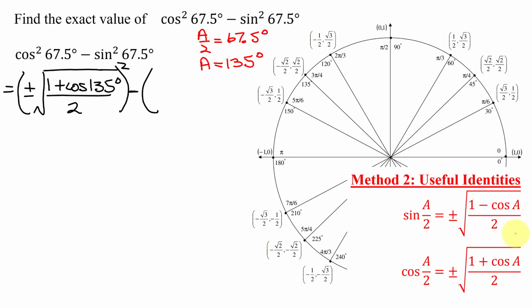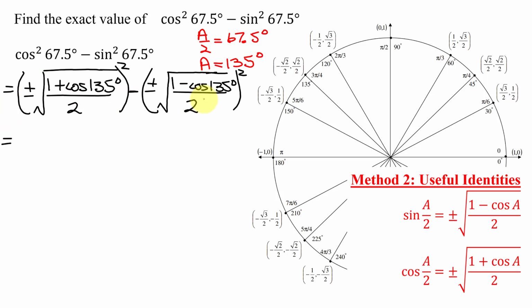So I have to square this expression. So it's plus or minus the square root of 1 minus the cosine of 135 degrees, all divided by 2. And don't forget, I have to square that expression because the sine and the cosine are squared here.